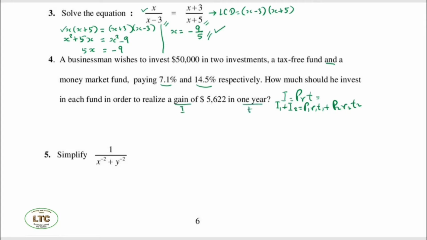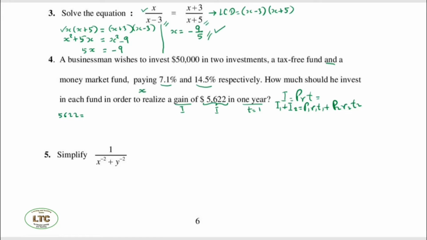For 1 year, T is 1. This is I. So let's write I is 5622. P1, how much?